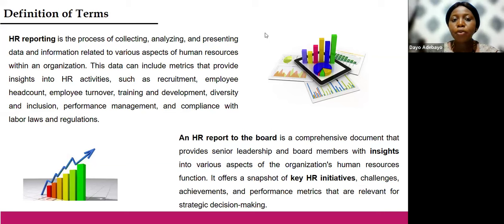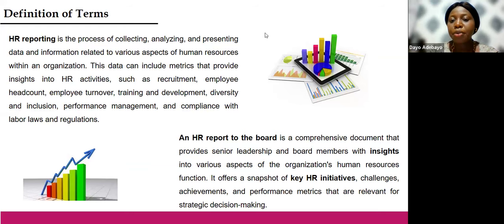There are different kinds of data. It could include recruitment, employee headcount, employee turnover, training and development, diversity and inclusion, performance management, and compliance and regulation, compliance with labor laws and regulations. Those are the metrics that you capture.